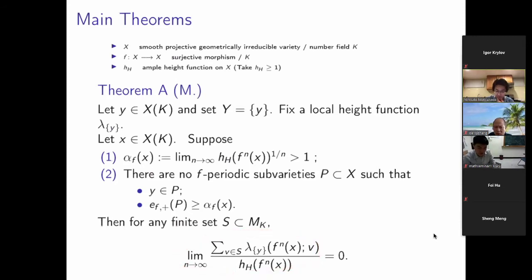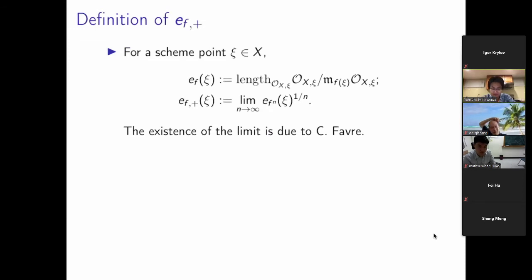Okay, so let me explain the definition of this guy. I don't know the widely accepted name of this invariant, but okay. Let C be a scheme point. This is a scheme theoretic point, so this could be a generic point. So the E_F of C is the multiplicity of F at C. So this is out in local ring because our map F is finite. And E is the length of this module, this local ring.